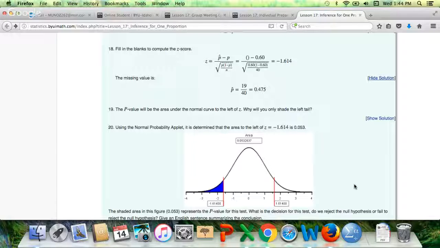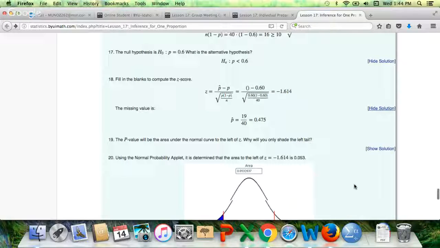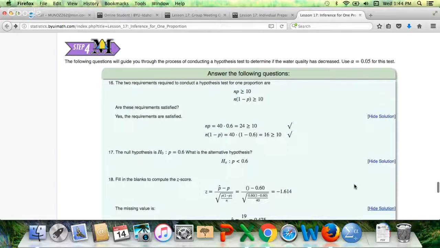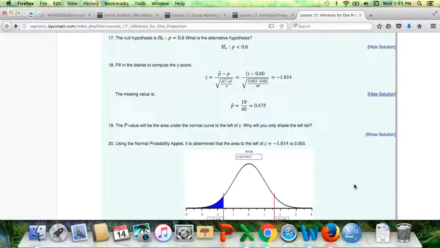Negative 1.614 is the z-score, huh? Okay, so I just want to do that by hand just to be sure that's what we get. Oh, it is.